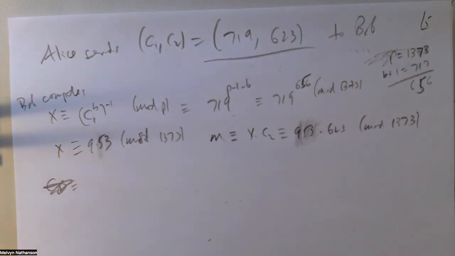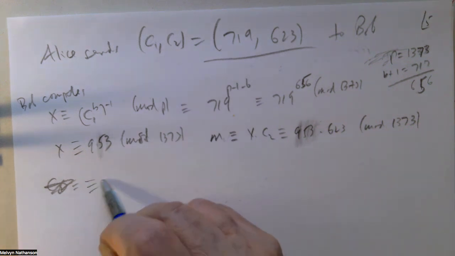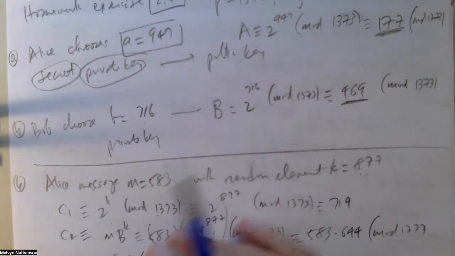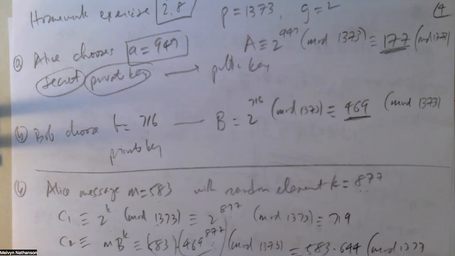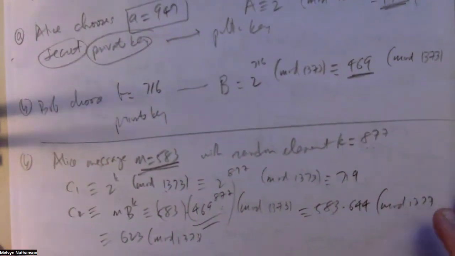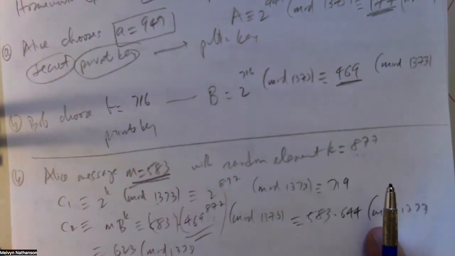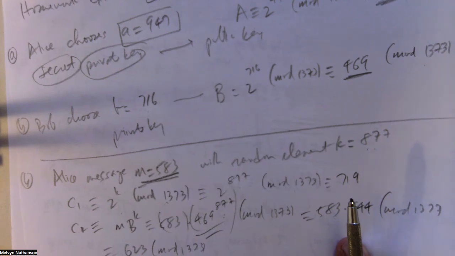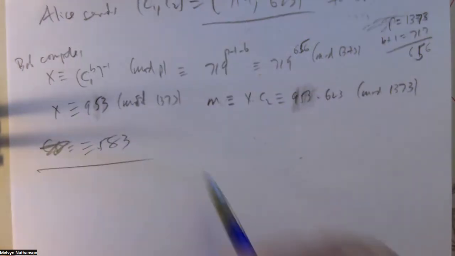I get 583. What was the message Alice was going to send? 583. It's a miracle I did all the arithmetic correctly, but this is a nice example of encrypting and decrypting using the Elgamal cryptosystem.